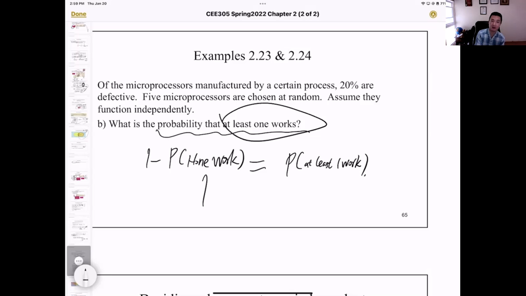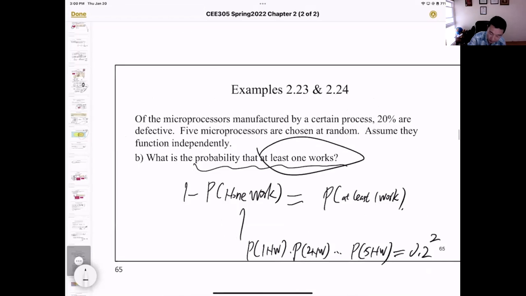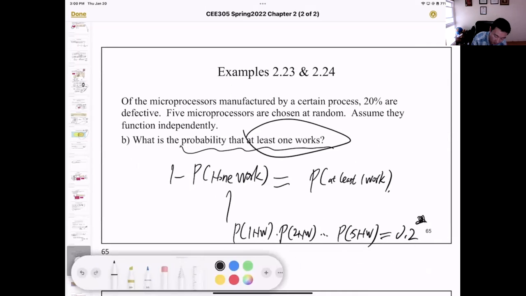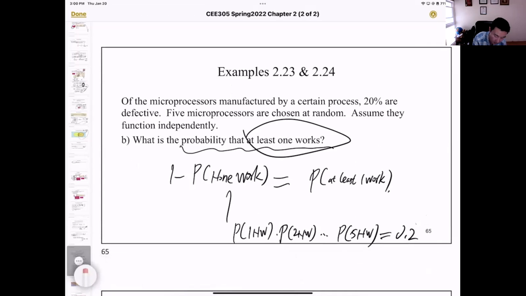Because again this is 5 independent steps, the probability of none work will be the probability the first does not work, times the second not work, through the fifth not work, which equals 20% to the power of 5.